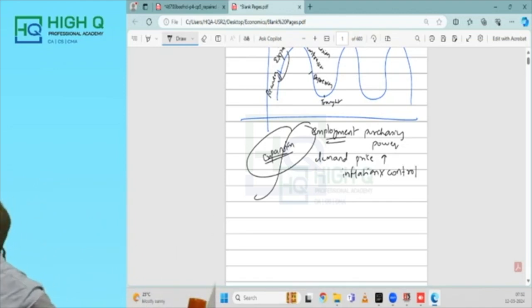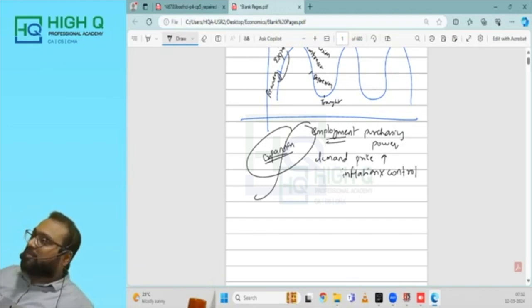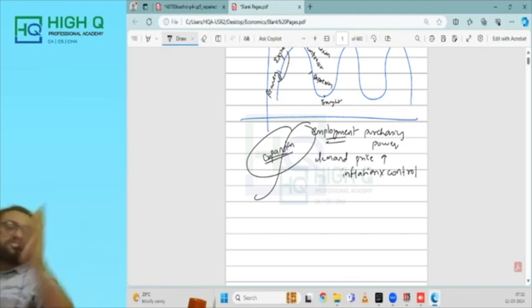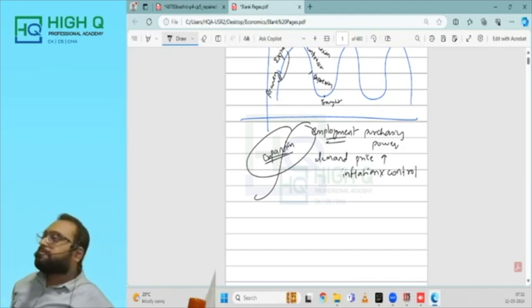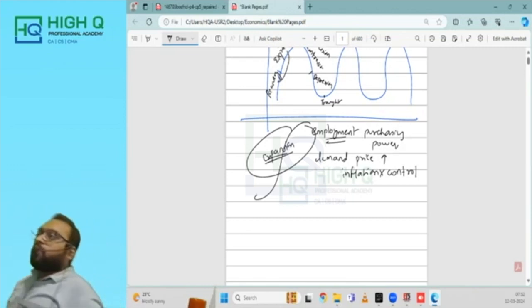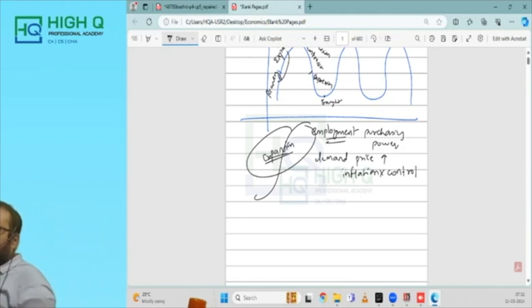Say yes or no. Hello. Tell me one thing. We all use mobile phone. Say yes or no. Everybody uses mobile phone. Which company has been used by you? Samsung, iPhone, Oppo, OnePlus, Redmi, Realme, Vivo, Google Pixel.